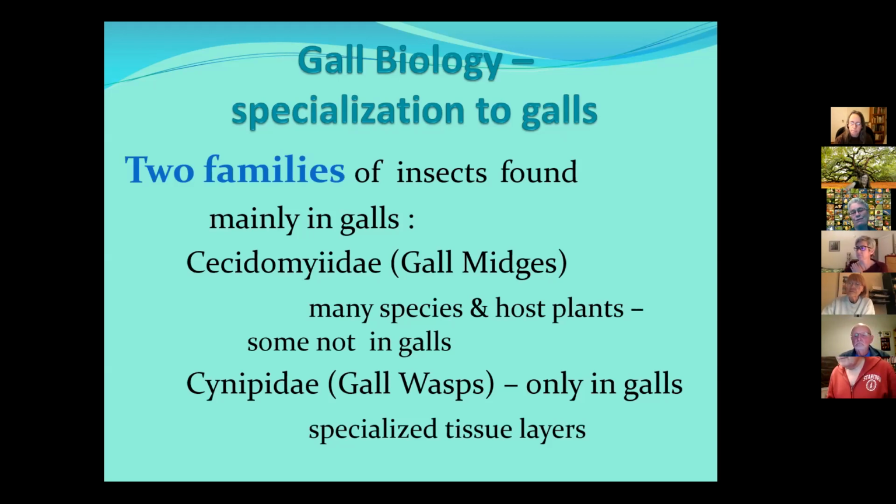We used to say they were, but now we don't. On the other hand, all gall wasps are still and always found only in gall tissue. Not all of them are the gall inducer, and we'll talk about that much later. But basically, cynipids are found only in galls, and the original gall midges were found only in galls, but now the family's enlarged and that's not true.